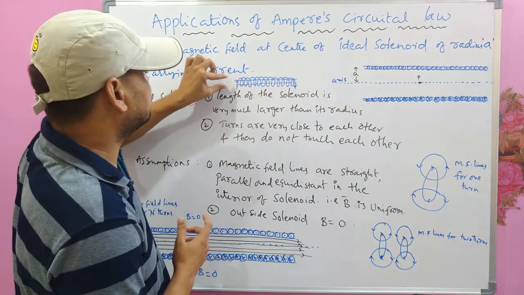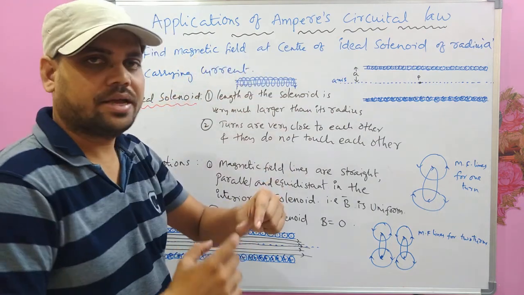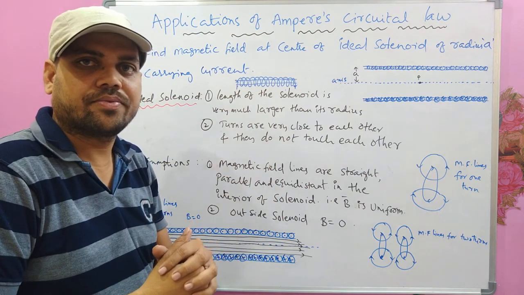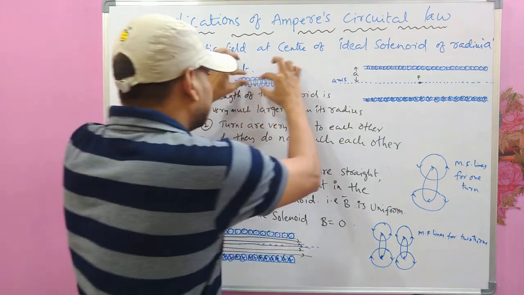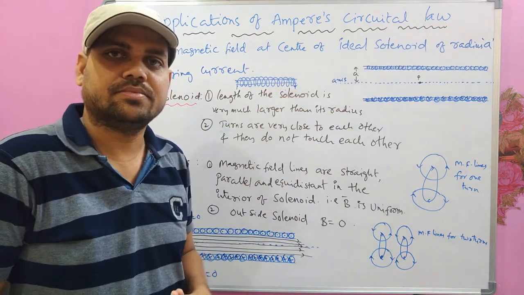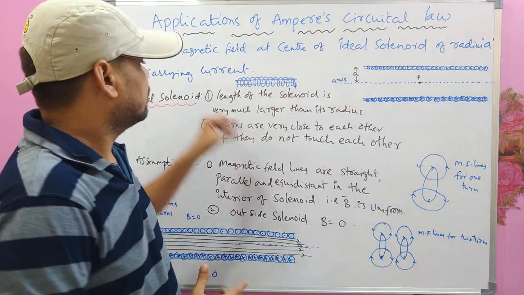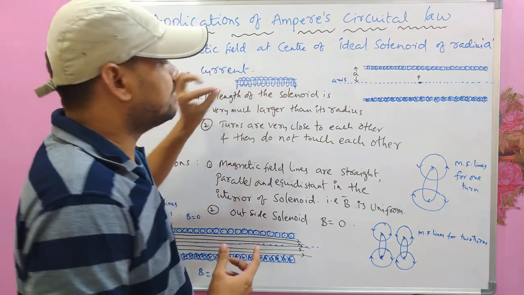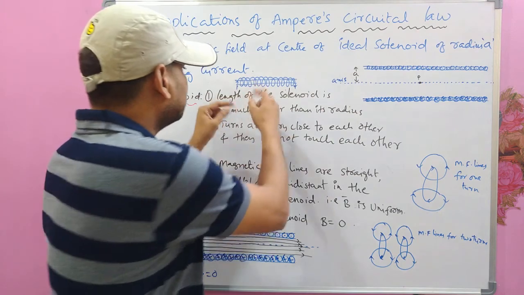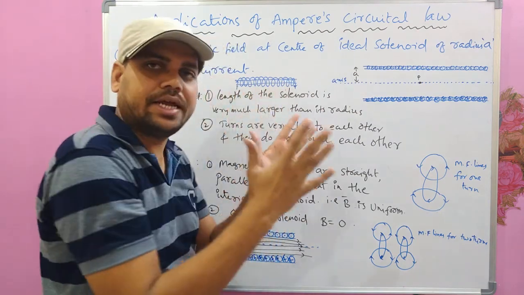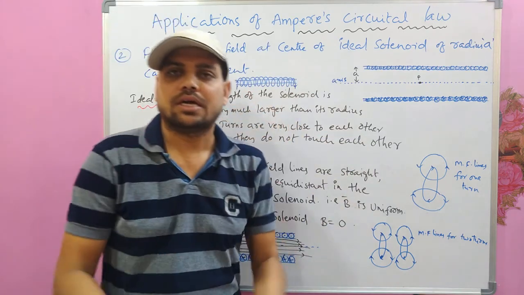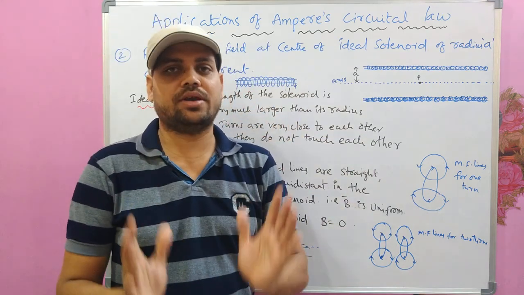You can visualize a solenoid like this, on which a wire is wound like a helix. And if this length is infinity, very, very large, and radius is very, very small, and turns are very close to each other and do not touch each other, in that case that solenoid is considered an ideal solenoid.